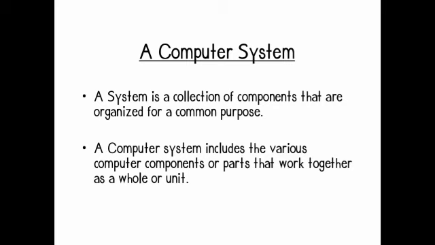So the same knowledge applies to that of a computer system. Without one of the component parts of the computer system, the computer will not be able to perform the function of that part it is missing. So a computer system includes the various computer components or parts that work together as a whole or unit.